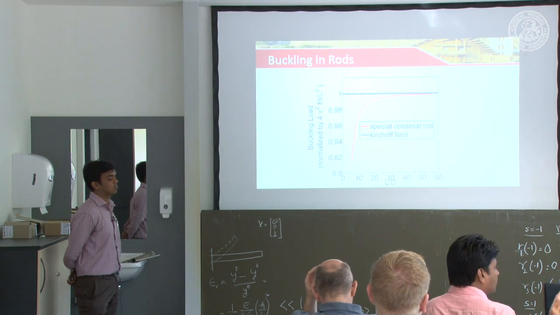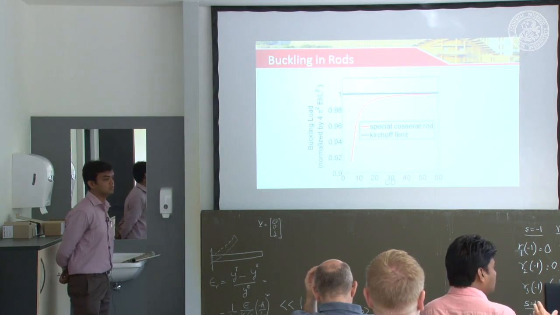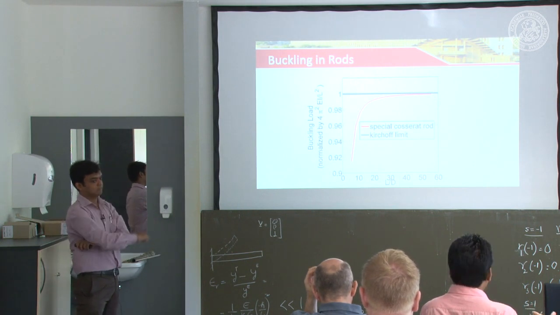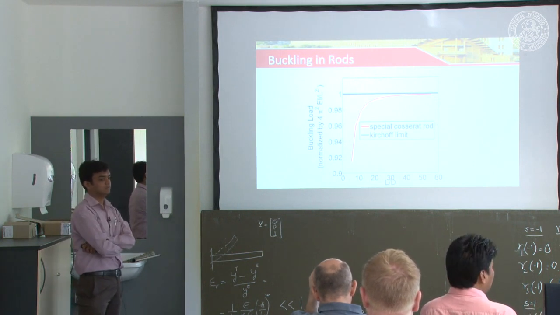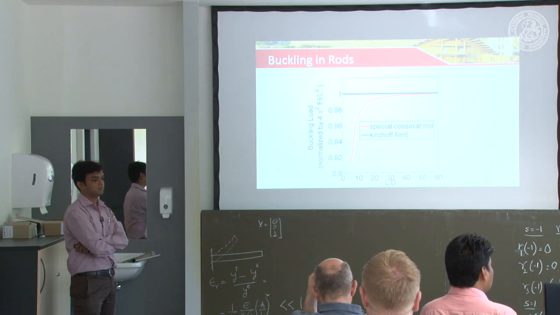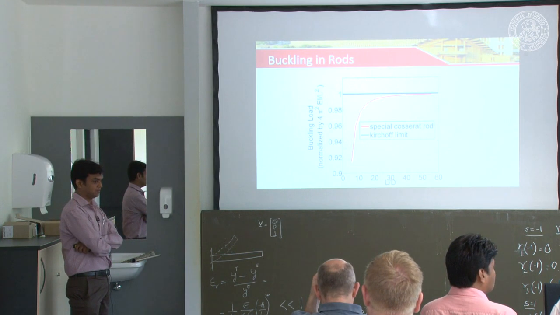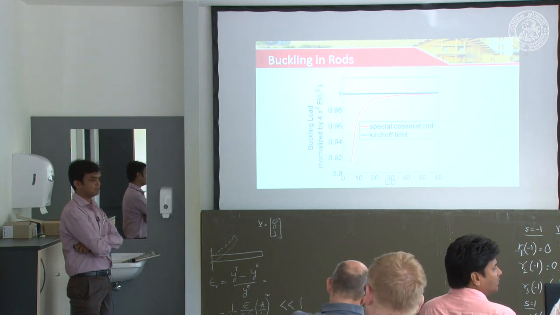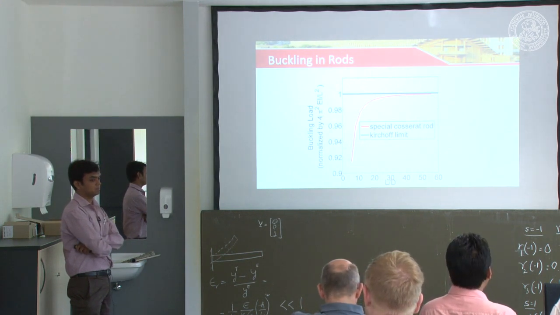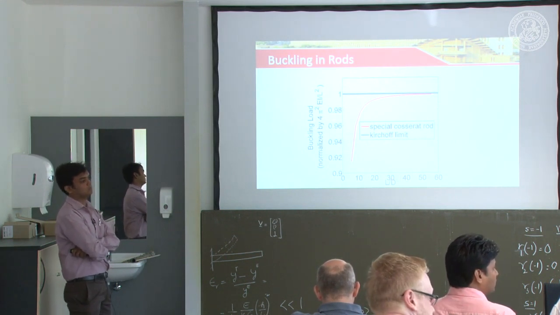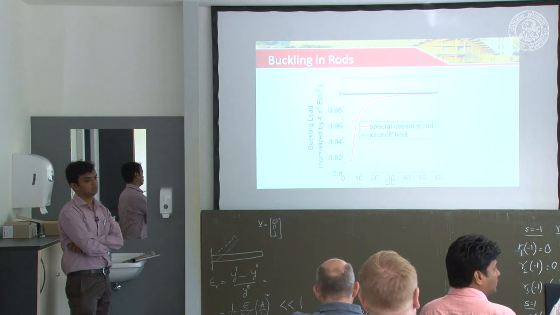As this rod cannot deform in that way, it's just a simple model for buckling. Yes, it can bend and twist. K is there, but v is not. So a Kirchhoff rod only undergoes bending and twisting. There is no shearing and stretching.